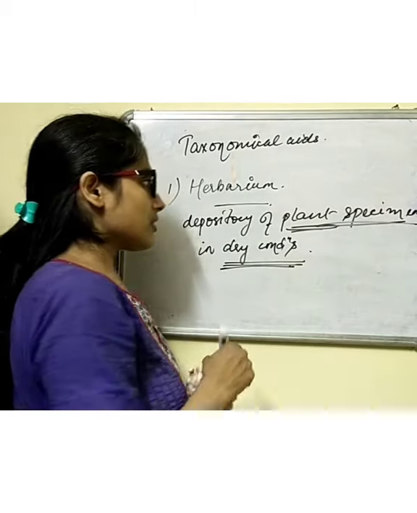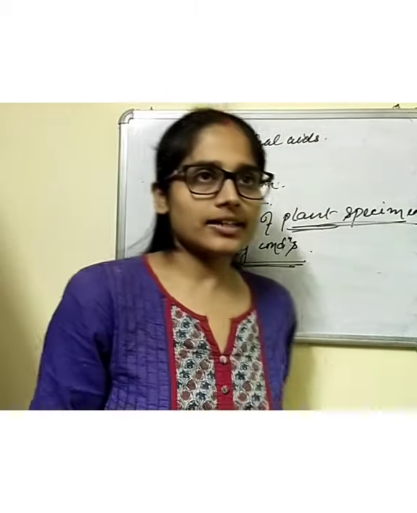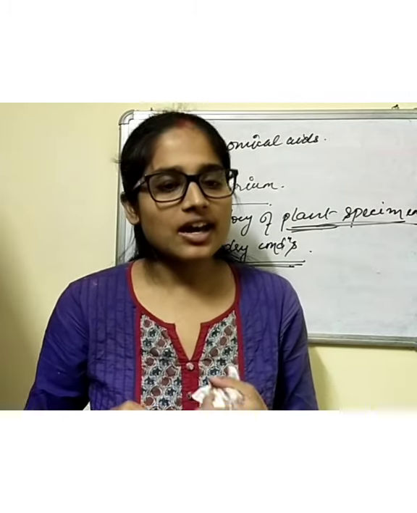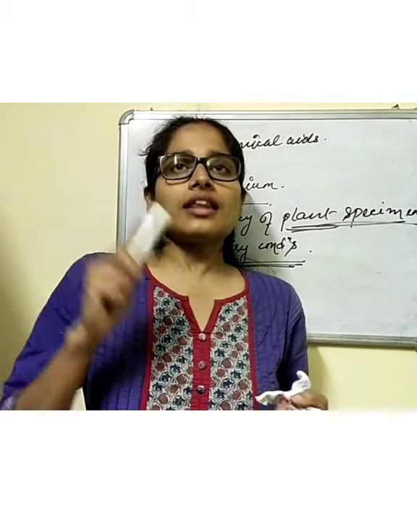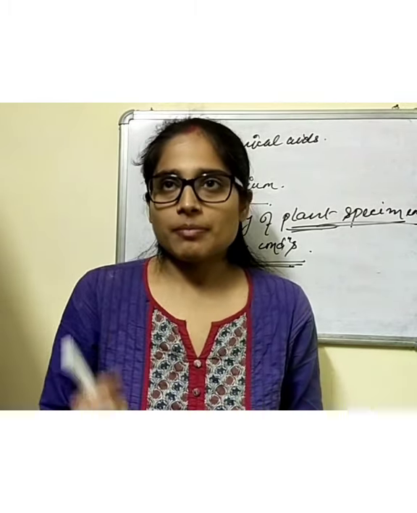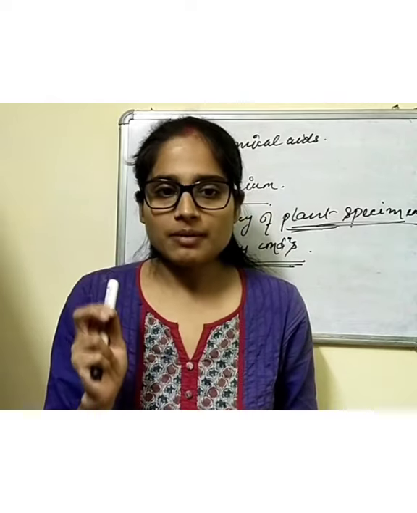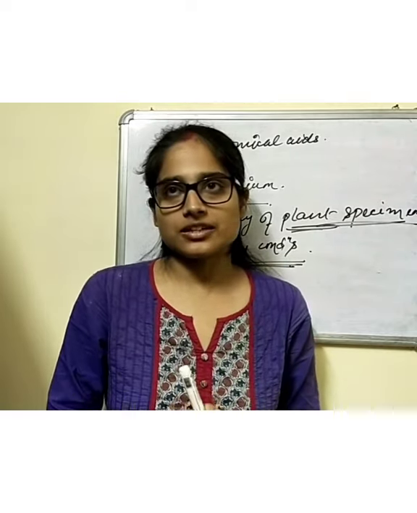So the various specimens which are collected, they are dried, they are mounted on a piece of paper, and they have to be labeled very properly, because labeling is very essential.